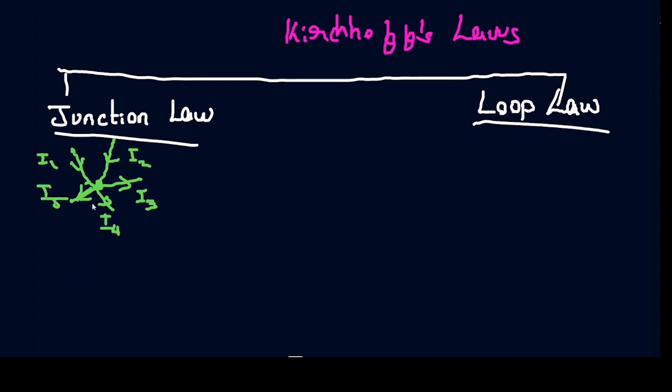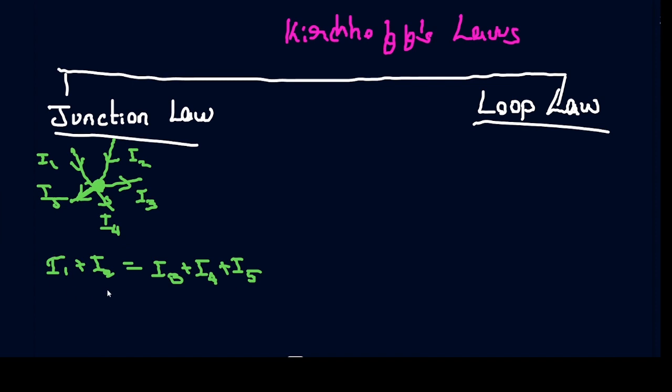At this junction, no current can be held. So whatever amount of current passes towards the junction is equal to the same current leaving away from the junction. So I can write I1 is coming towards the junction plus I2 is coming towards the junction, and that is equal to I3 plus I4 plus I5, right?